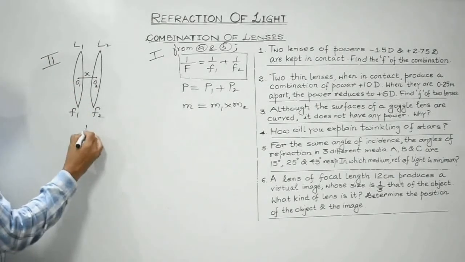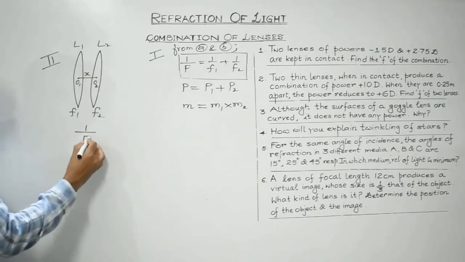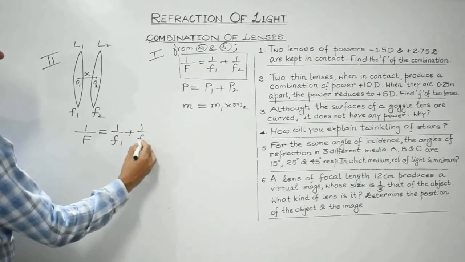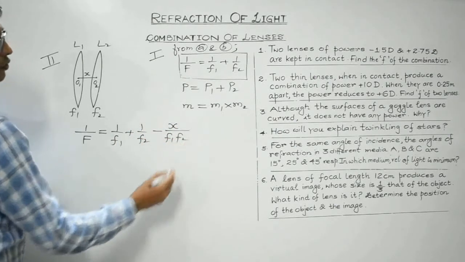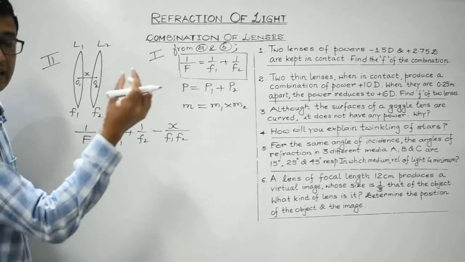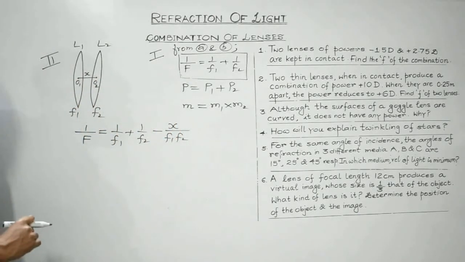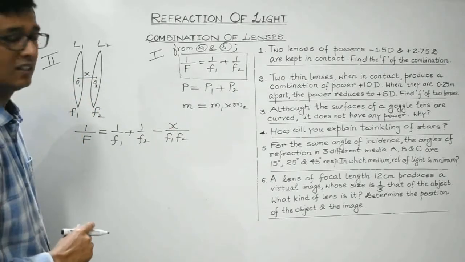The resultant focal length is given by 1 by F is equal to 1 by F1 plus 1 by F2 minus X divided by F1 F2. This is the formula to be used when there exists a small separation between the optical centers of the two lenses under consideration. X is the small separation between their optical centers, right?